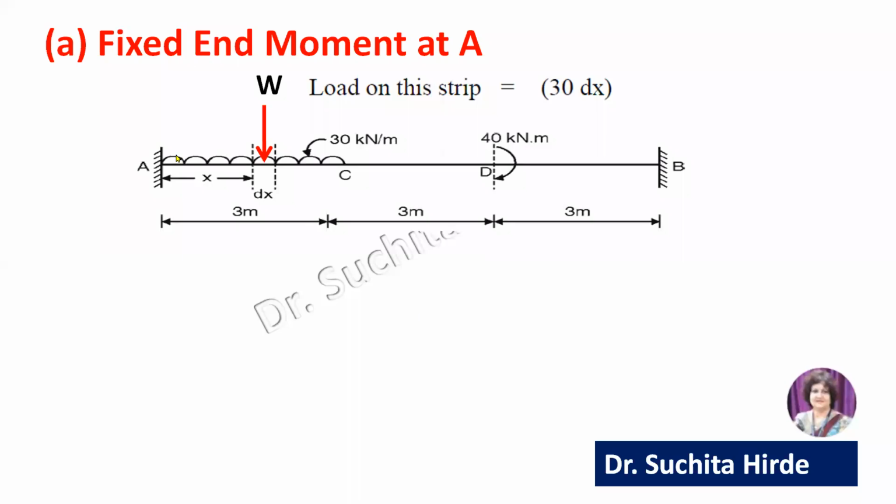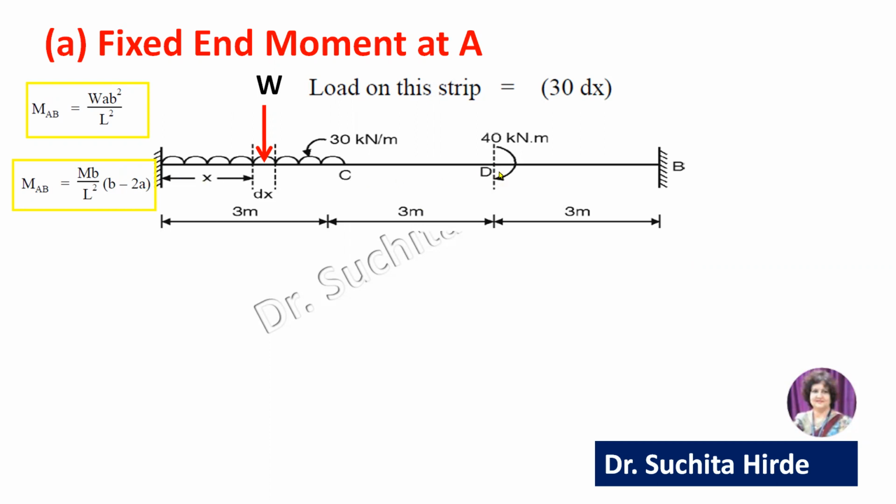Now let us see how to calculate the moment at A, that is MAB. We know that due to this point load, the formula is WAB square upon L square, and due to moment, this is the formula. Now we will substitute W as 30 dx, A as x, and B as 9 minus x, upon L square, which is 9 square. And here also we will substitute the respective values.